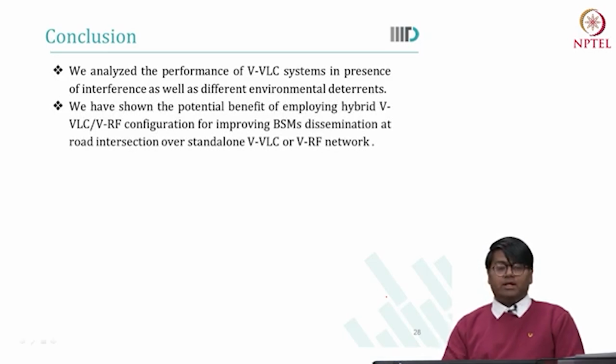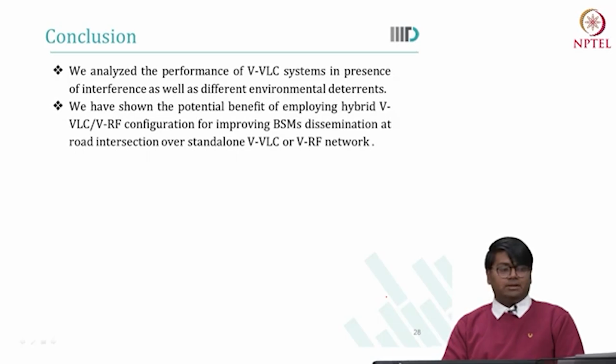Secondly, we have also shown the potential benefit of employing a hybrid vehicular VLC vehicular RF configuration for improving basic safety message dissemination at road intersections over standalone vehicular VLC or vehicular RF networks.